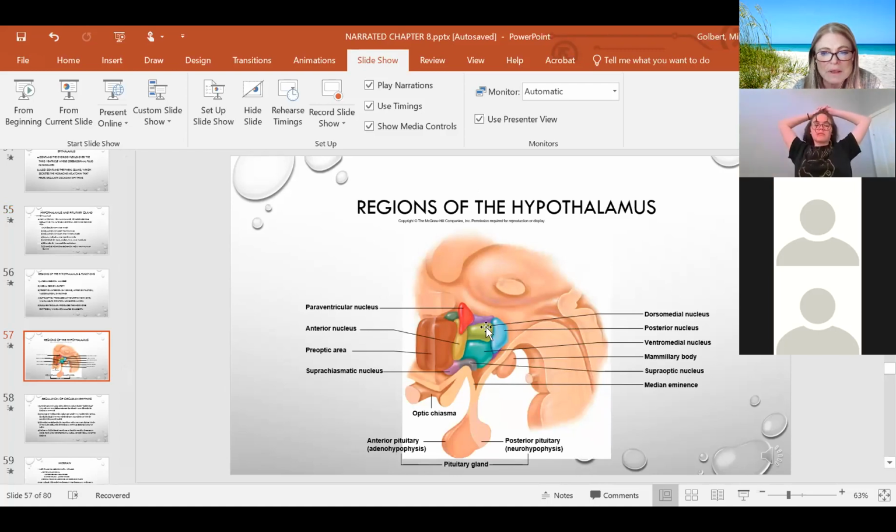So when we learn about the endocrine system, you're going to see that the hypothalamus is connected to the pituitary gland and how it's going to determine which hormones are secreted from the pituitary gland. You don't have to remember all these little body, nucleus, and things like that. I don't care. Just know that this is the area of the hypothalamus. This up here is the thalamus. Below it is the hypothalamus.